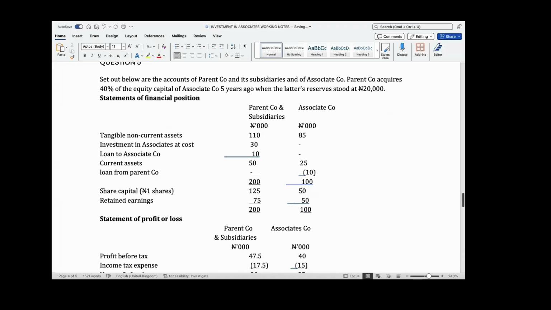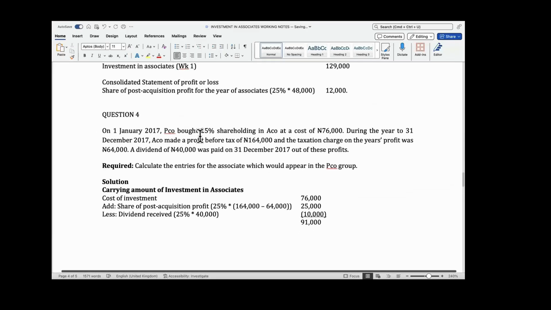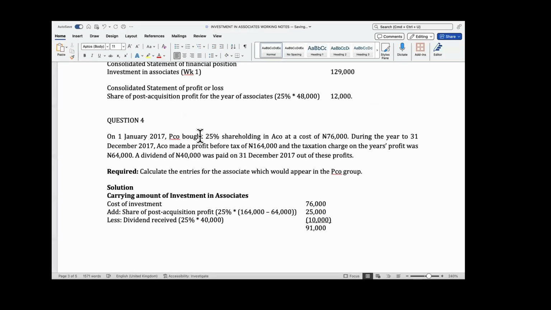This one says that set out below. Okay, Sarah, continue. Ask your question. Okay, good morning. Sorry, just before we continue, I thought I saw profits before tax. So why are we removing tax again? If I have profit before tax, should we not be adding tax? They gave us the figure for tax separately and gave us profit before tax. So why are we not removing the tax inside the profit? Oh, okay.